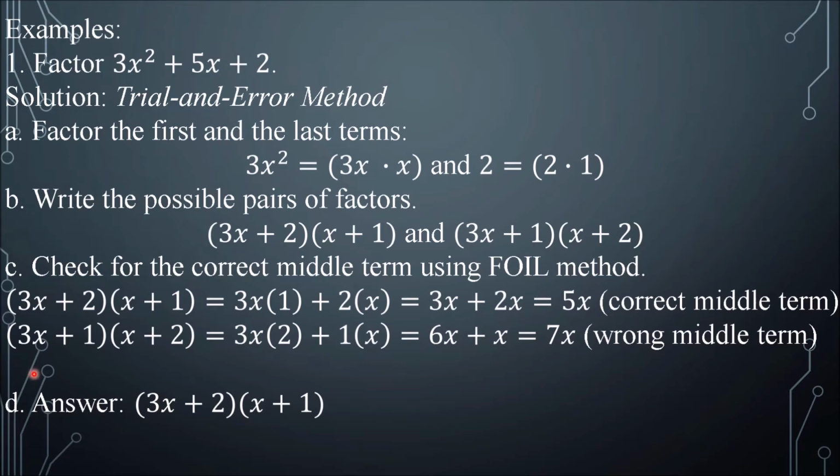Now, the second pair, 3x plus 1 times x plus 2. We have 3x times 2, which is 6x. 1 times x, x. So the sum is 7x. And that's a wrong middle term. Therefore, we need to consider the first one, 3x plus 2 times x plus 1. And that's the factored form.